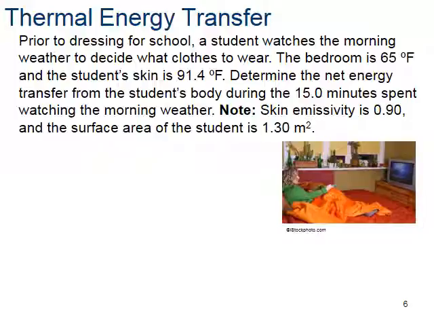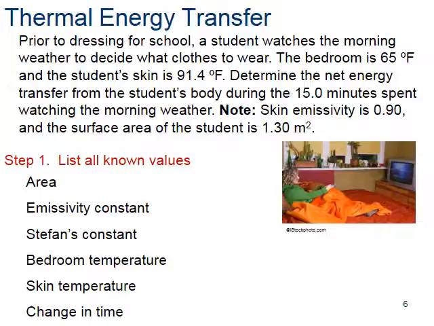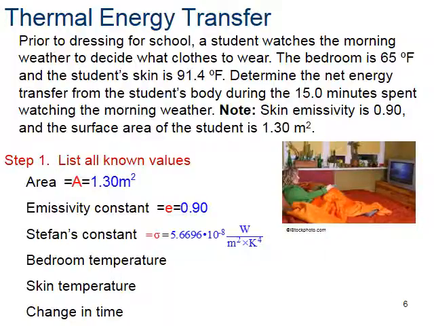So how do we do this? Well, we use that same problem-solving process that we always do. We list our known values, and we know that the area of your skin is 1.3 square meters. We're given the emissivity of your skin at 0.9. Stefan's constant is always Stefan's constant. We're given your bedroom temperature at 65 degrees and your skin temperature.